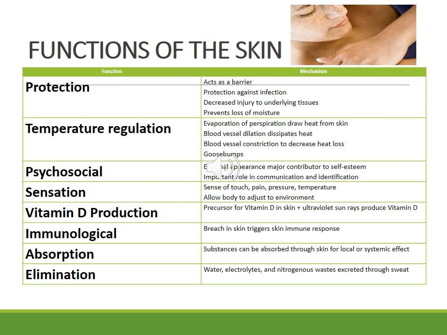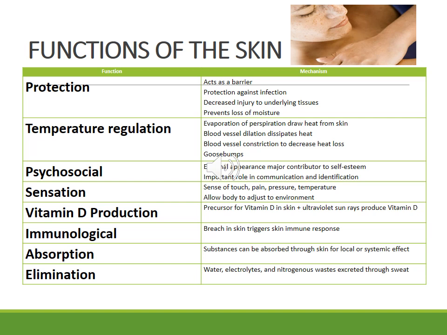It has immunologic purposes, which is if we have a breach in skin or some type of cut, it triggers the skin immune response to protect us. It's responsible for absorption. Substances can be absorbed through the skin for local or systemic effect.